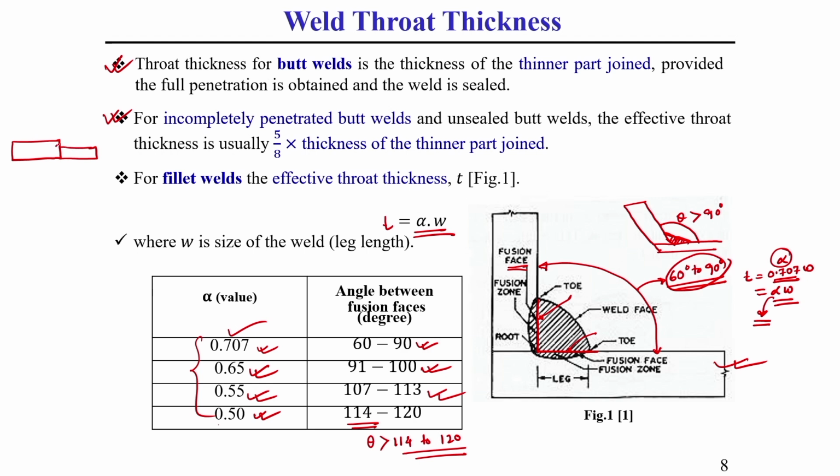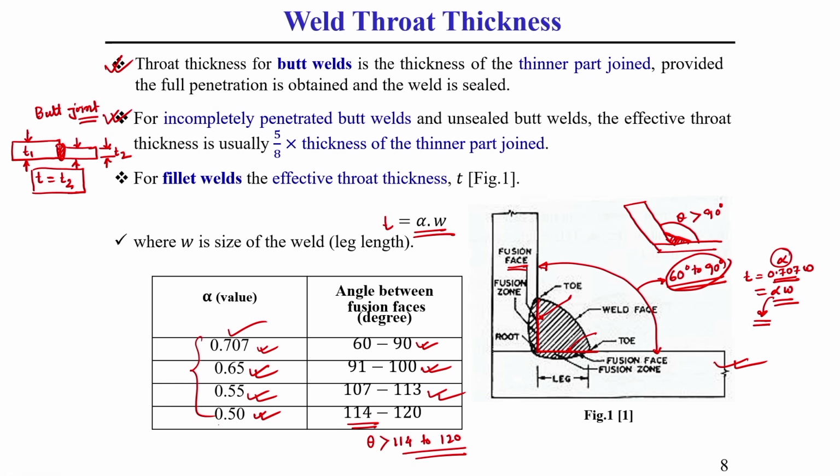Always keep in mind that the throat thickness T will be equal to, let the thinner plate have a thickness T2 and the thicker plate have a thickness T1, the thickness of the thinner plate. This is another concept for designing of butt weld, for butt joint.